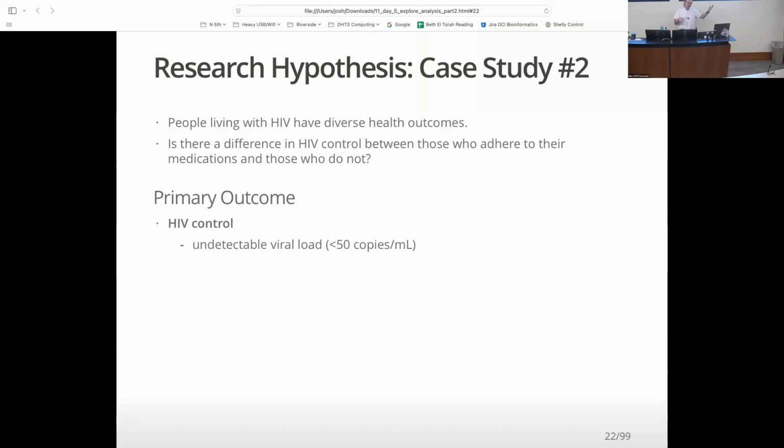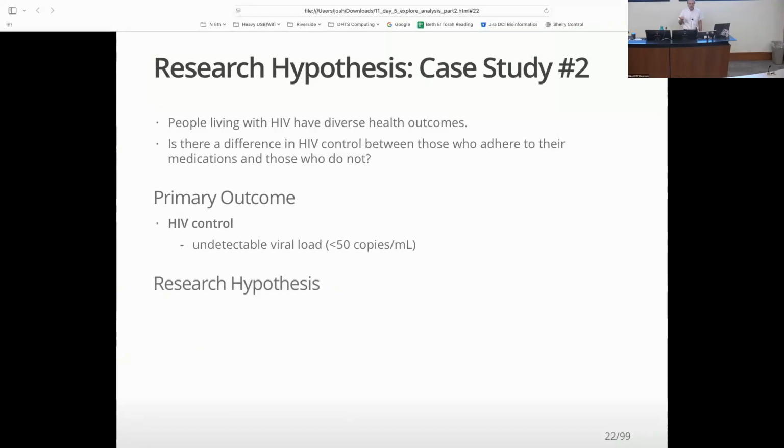So either the viral load is undetectable or it is detectable, meaning it's greater than or equal to 50 copies of viral RNA per mil. So that's our primary outcome.